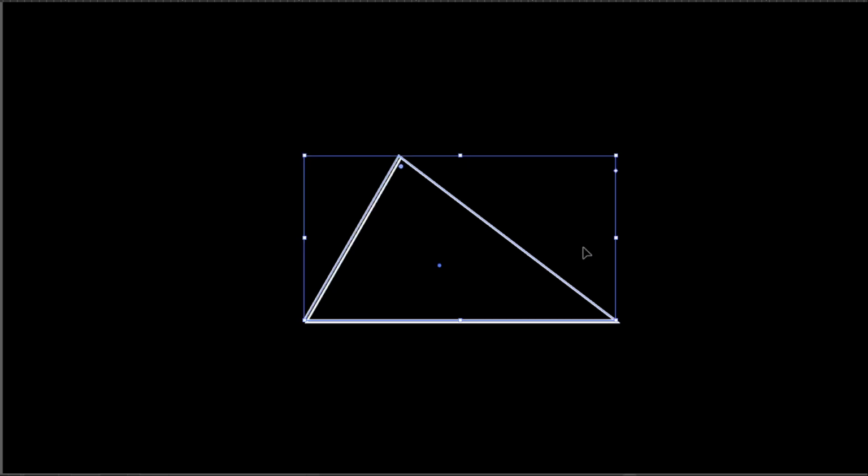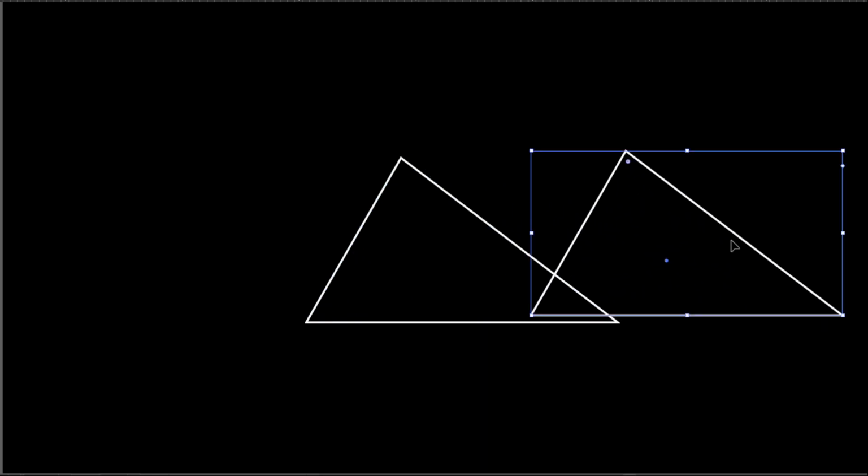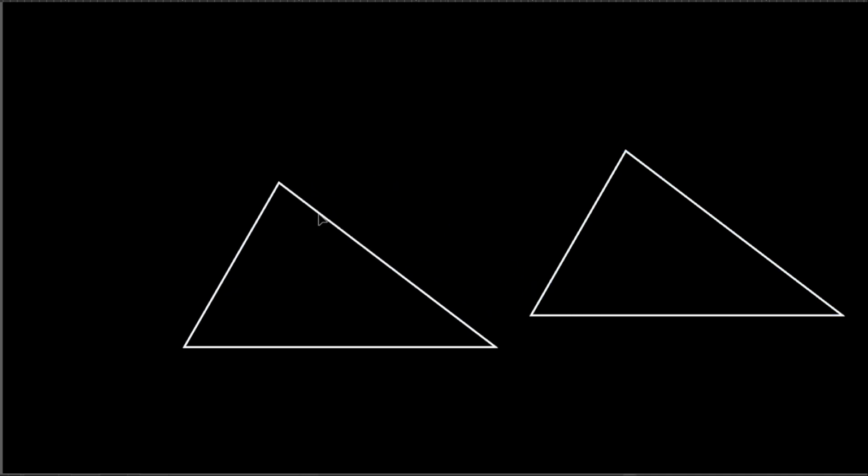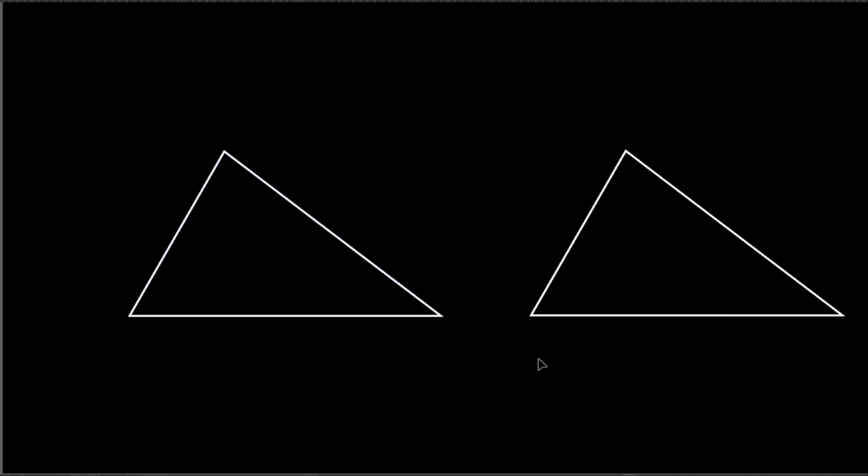So let's copy and paste that one. Put it right here. So watch this. Since I copied and pasted, you know that this angle is equal to this one, correct? You know that this one is equal to this one, and you know that this one is equal to this one. Now watch very carefully.